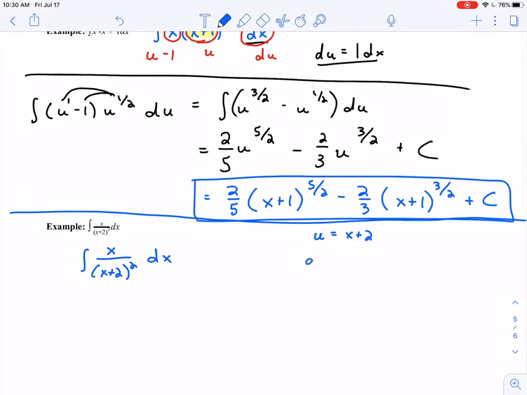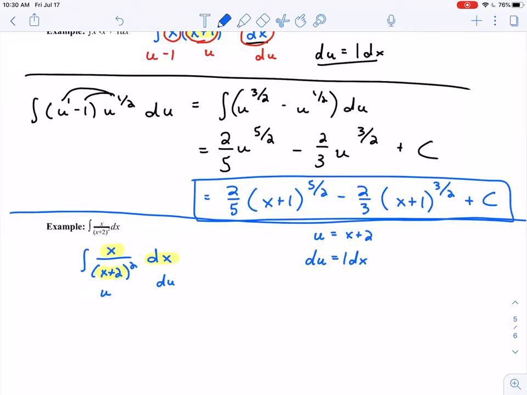Du then, the derivative of x plus 2, is going to be 1 times dx for my differential. So I say, okay, here is my u. Here is 1 times dx, that's just du here. I'm left over with this x once again.